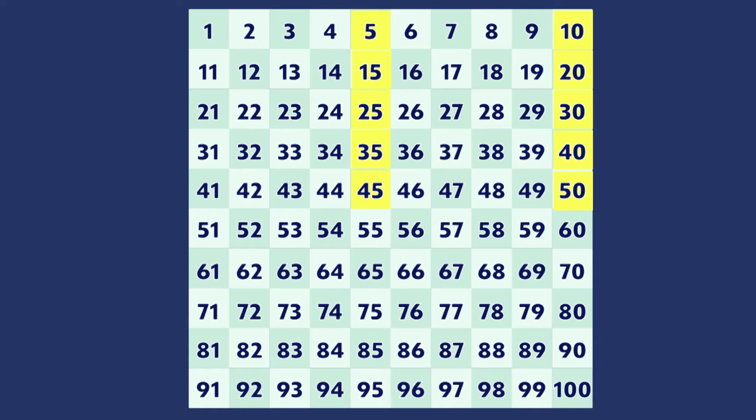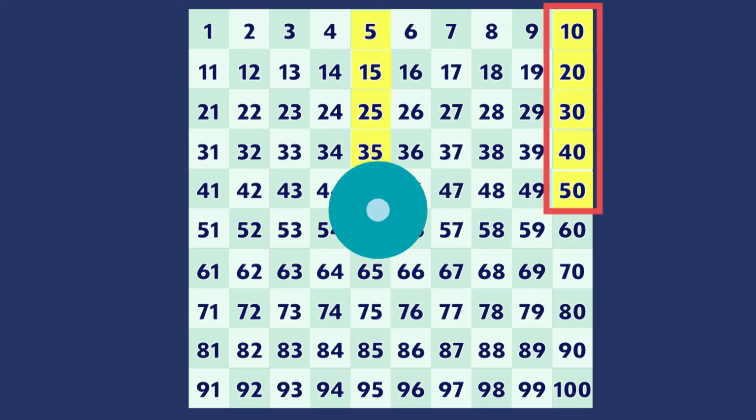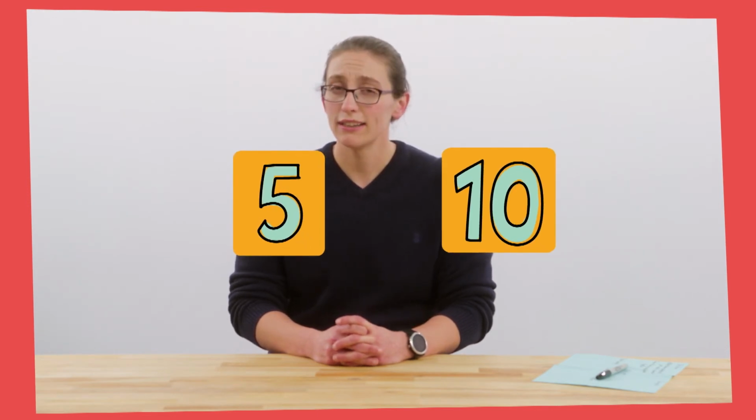What was that? 10s and 5s share some multiples? I noticed that every second multiple of 5 is also a multiple of 10. That's really interesting. I wonder why that happens. Are the numbers 5 and 10 related to each other? What do you think?